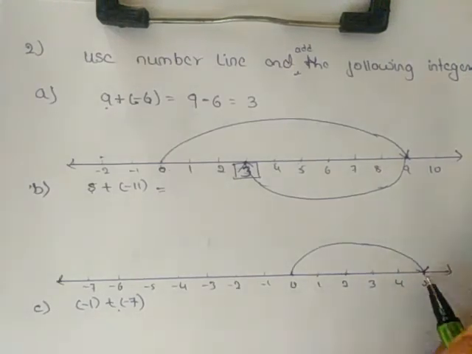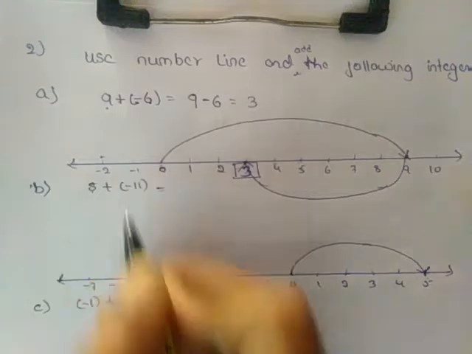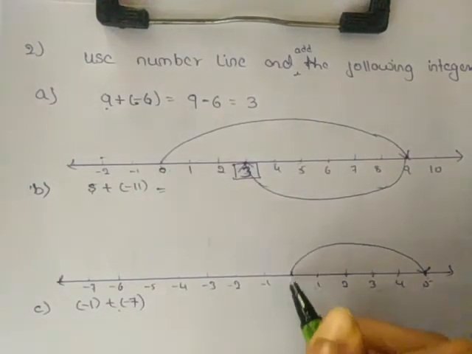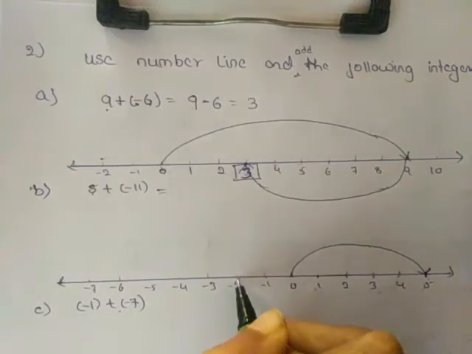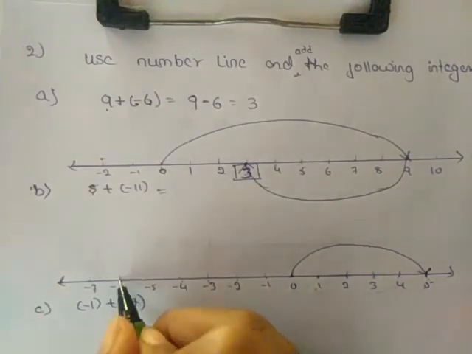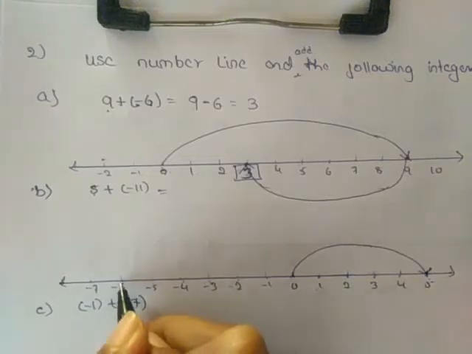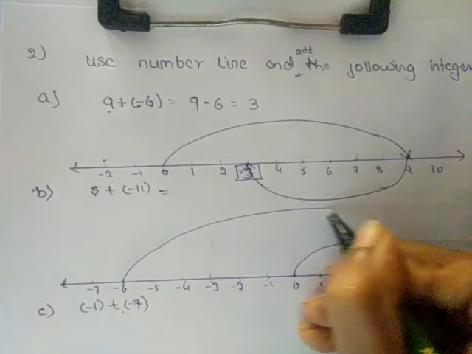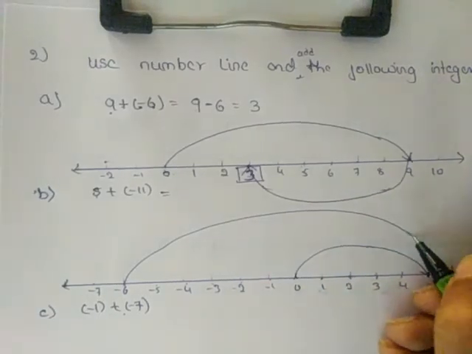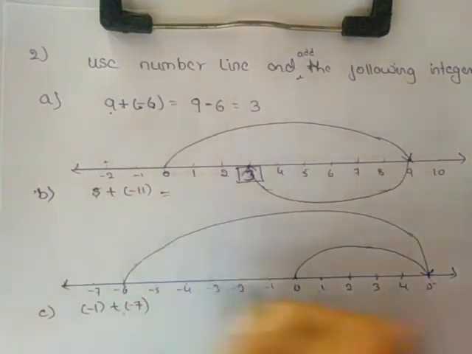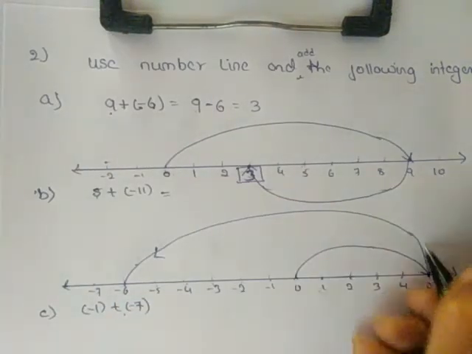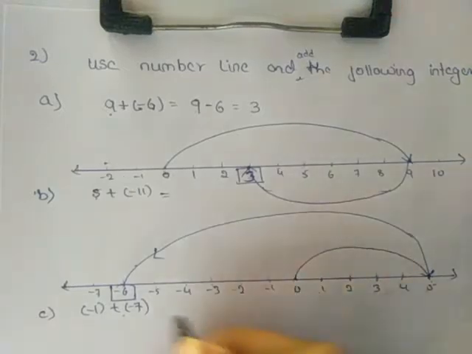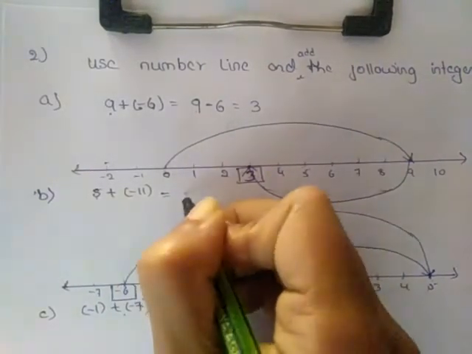Then from 5 we need to move minus 11: 1 2 3 4 5 6 7 8 9 10 11 here. We came back from 5 to minus 6. So you can verify it again.